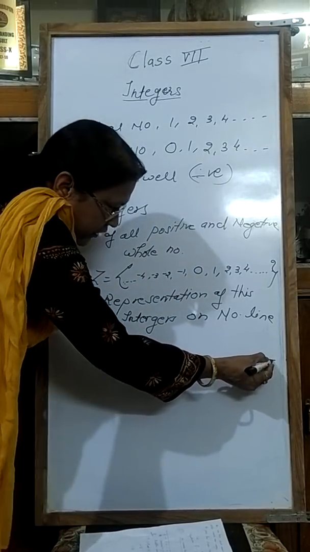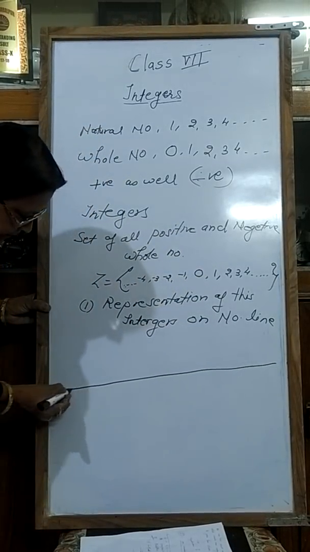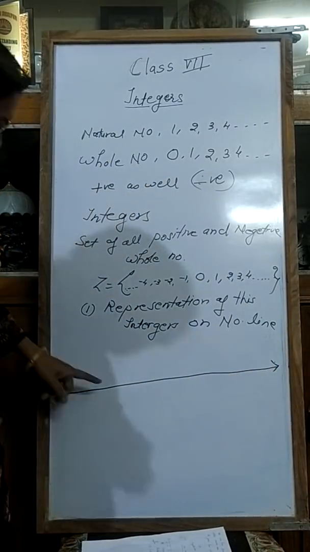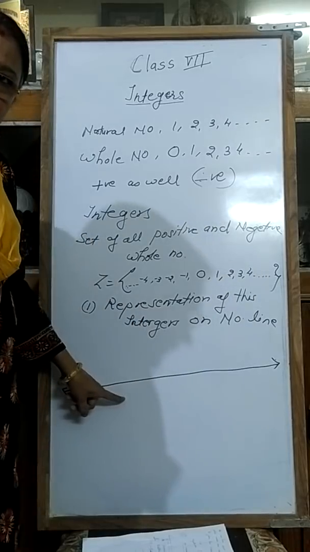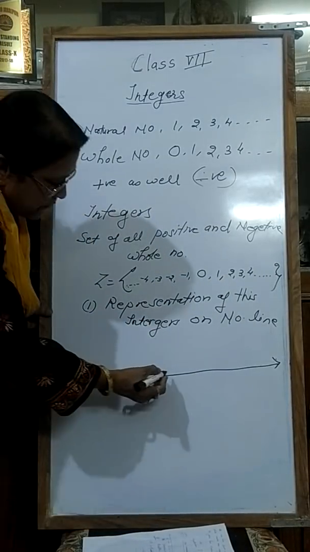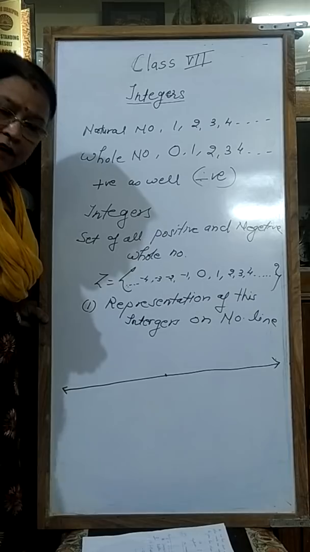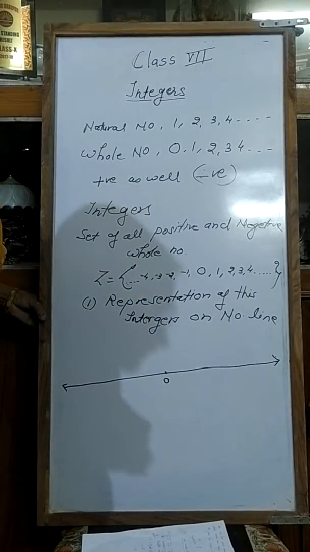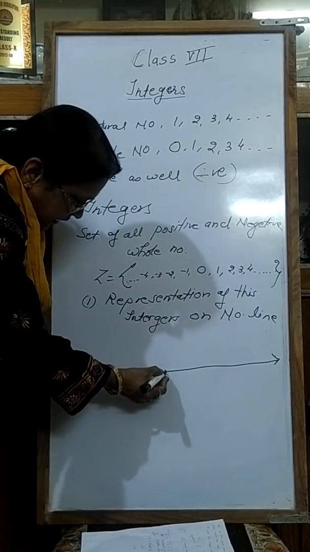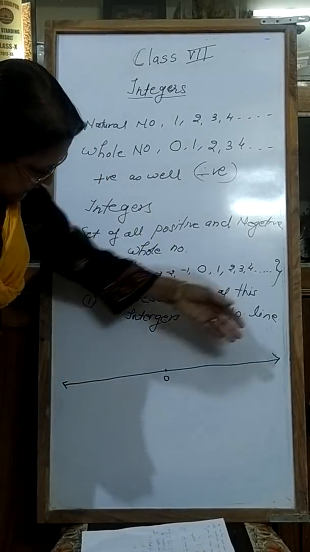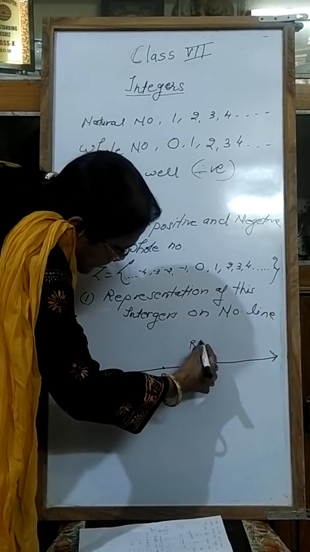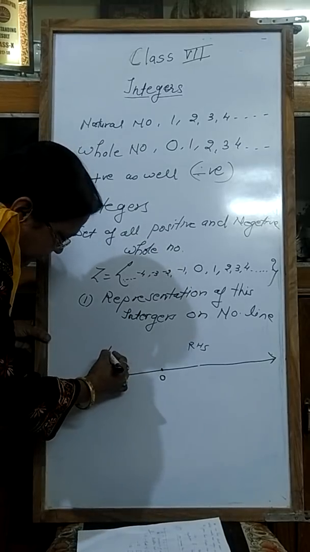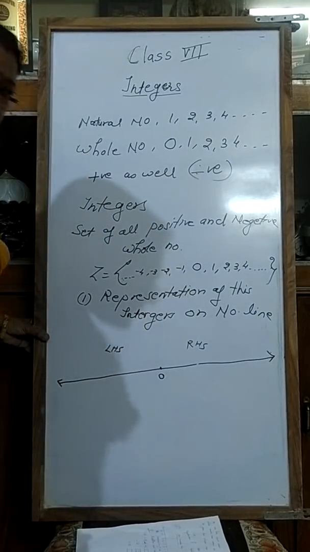You have to draw the line like this, in which you put arrows on both sides. This is the line. On this line, if you take 0 in the middle, then this side is called the right hand side and this side is called the left hand side.